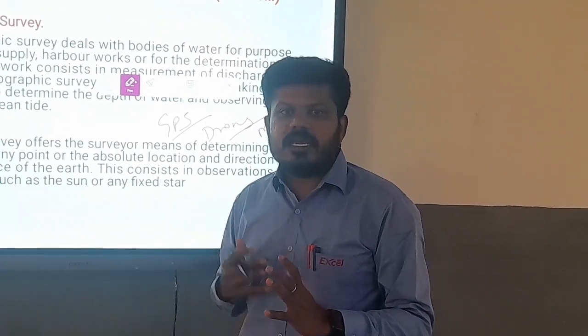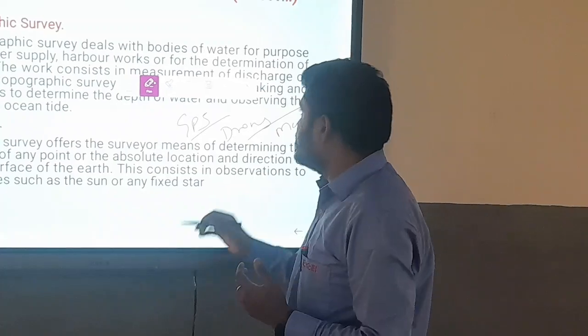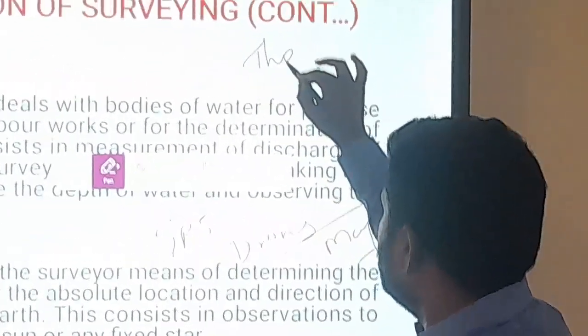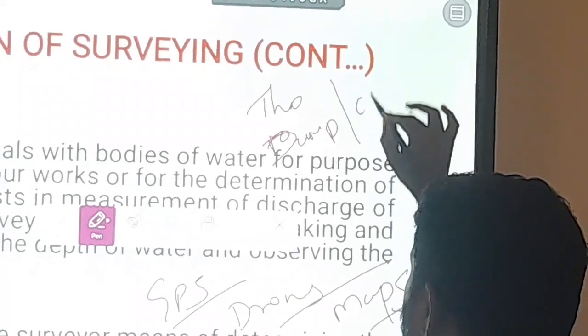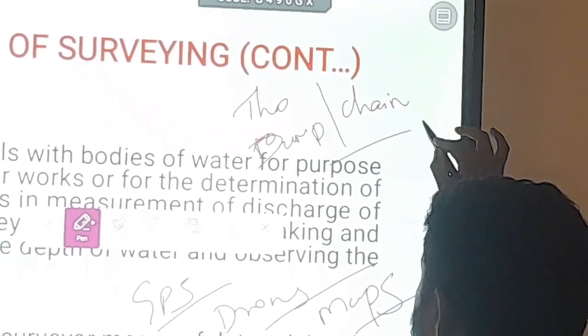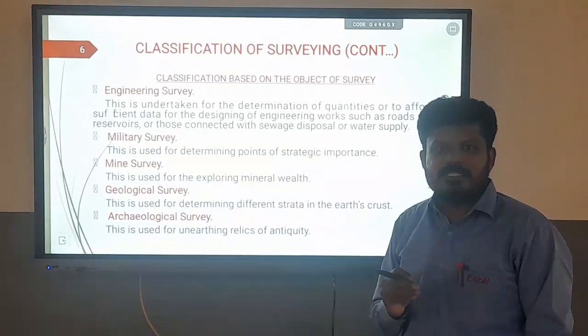And we can also divide the survey by use of instrument. We have different kinds of instruments such as theodolite, dumpy level, chain. Next we are going to see the classification based upon the objects.